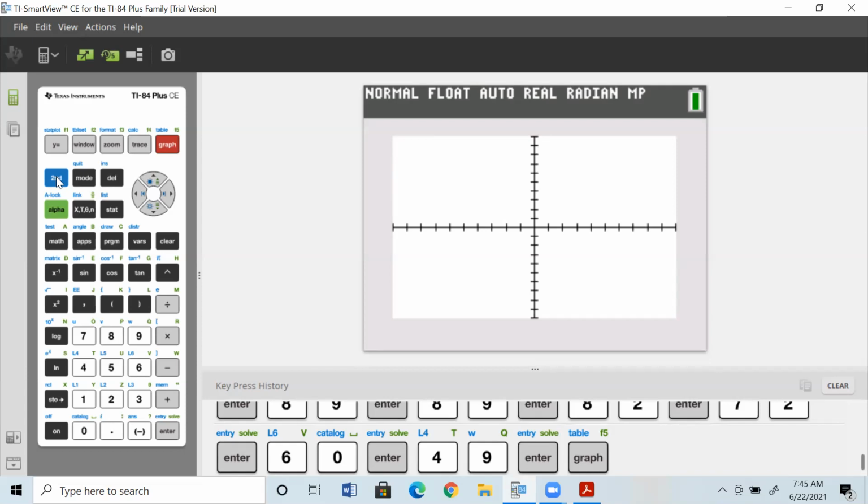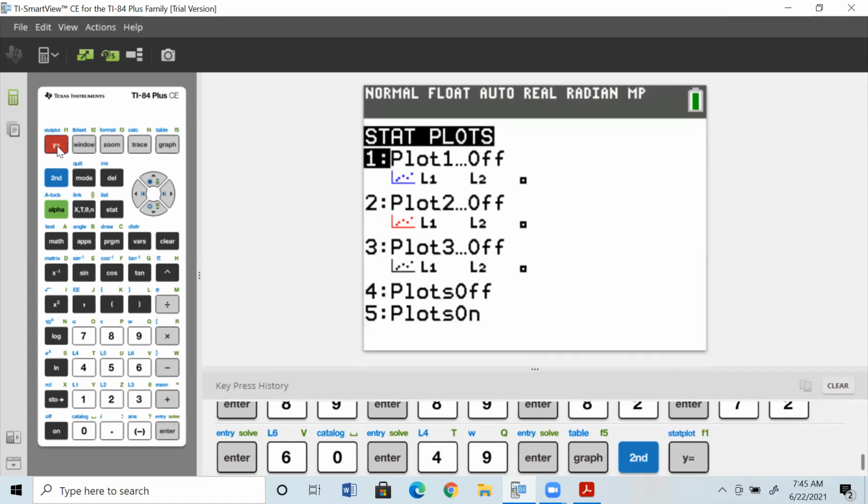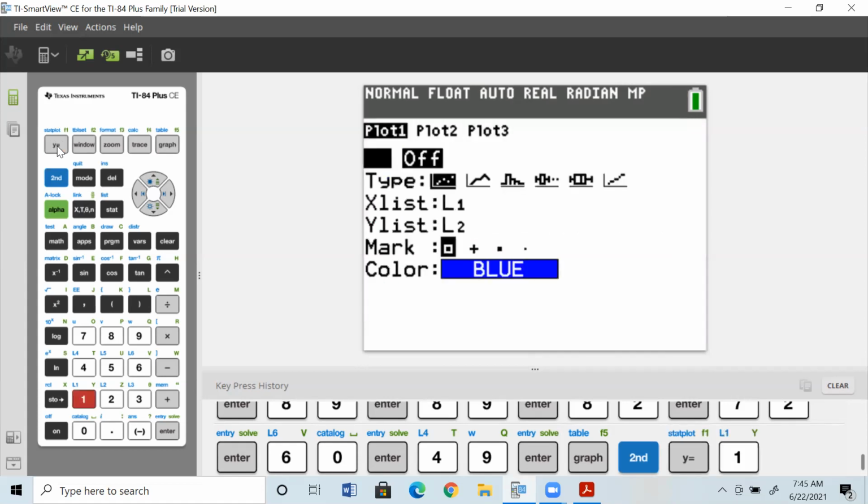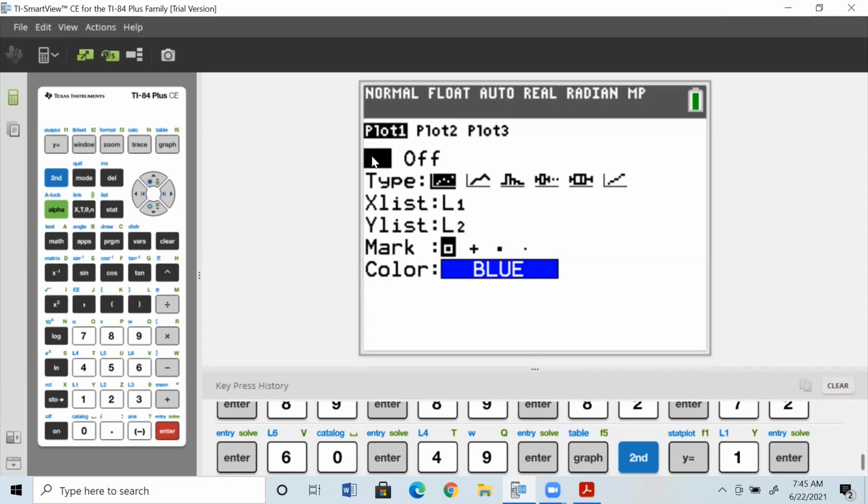So you'll want to press the second button and Y equals. Select option number 1, and you'll want to highlight the word on by pressing enter. This will change so that the word on is flashing and there is a black box highlighted around it.